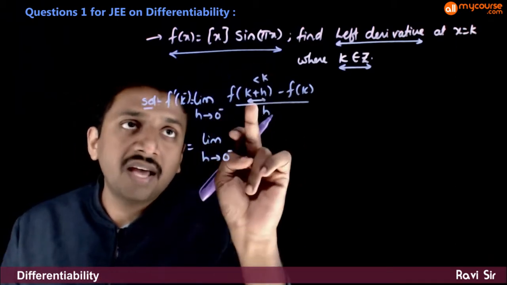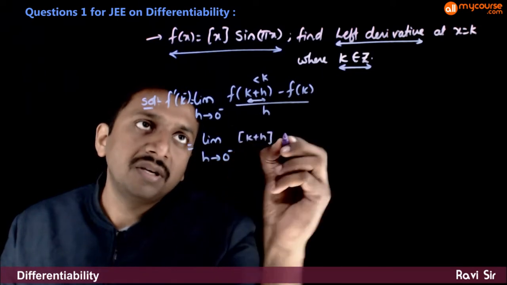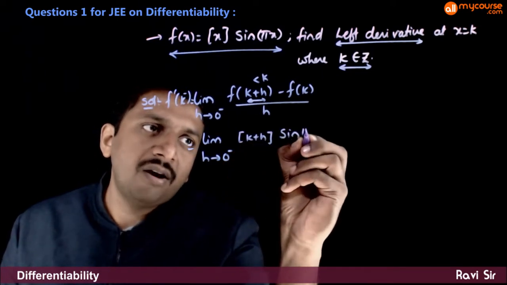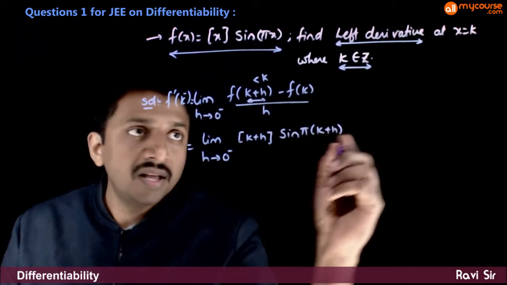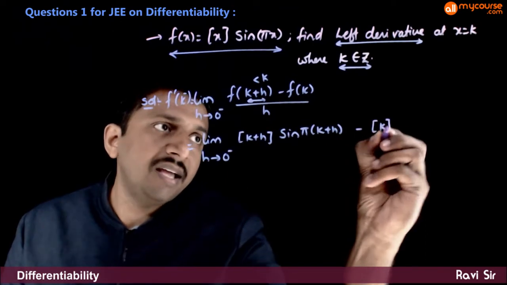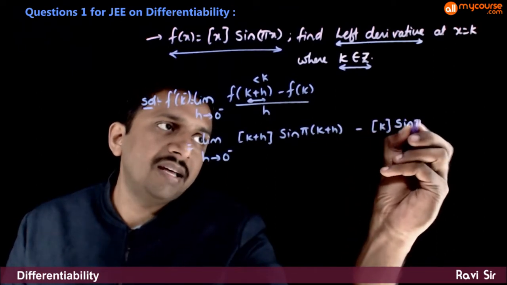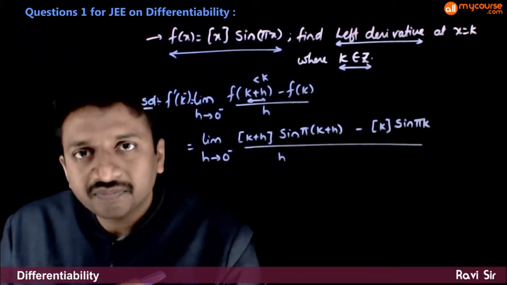So what is f(k plus h)? It is the integer part of k plus h times sine of pi times k plus h, minus f(k), which is the integer part of k times sine pi k, all by h.